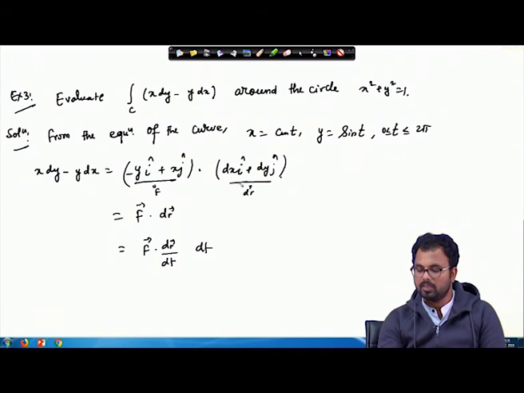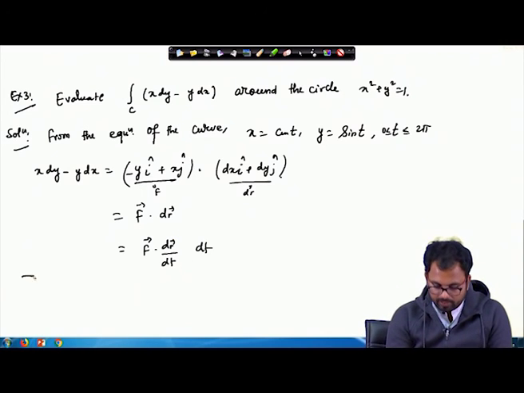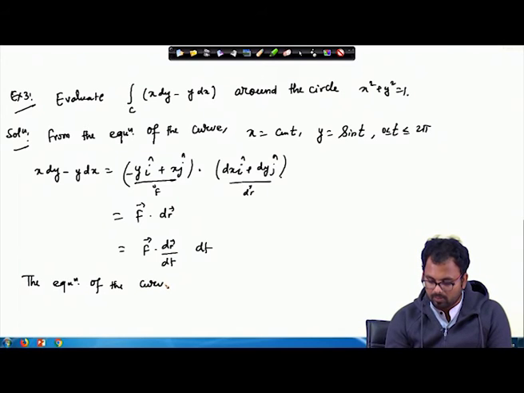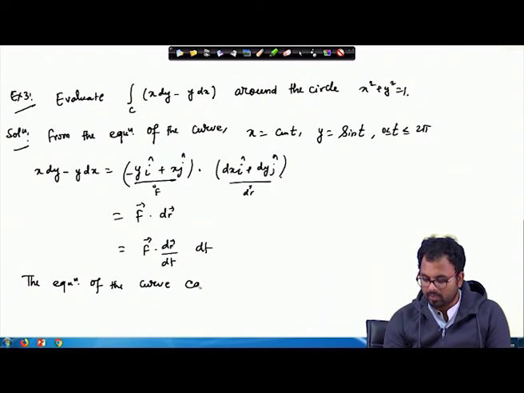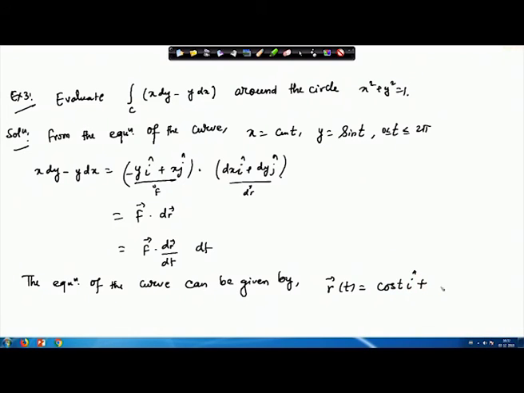So, dr/dt is nothing but dx/dt i plus dy/dt j, which is minus sin t i plus cos t j. The equation of the curve can be given by r(t) equals x(t) i plus y(t) j. So, r(t) is cos t i plus sin t j, and now we take dr/dt. So, dr/dt is minus sin t i plus cos t j.